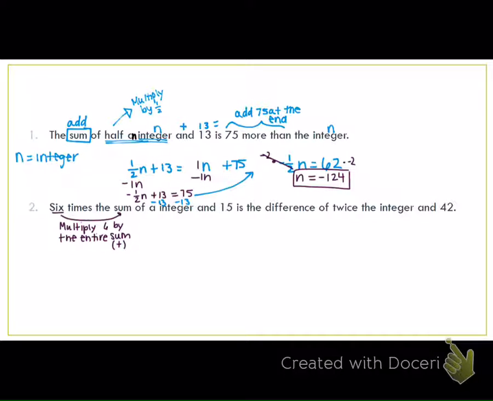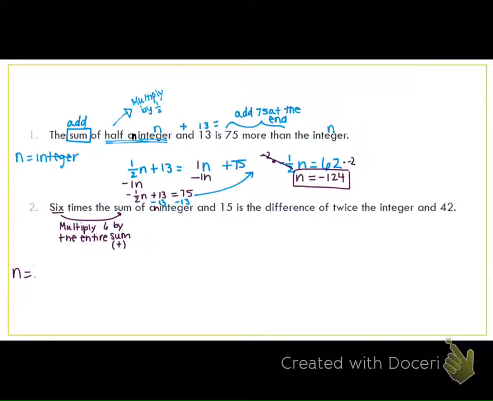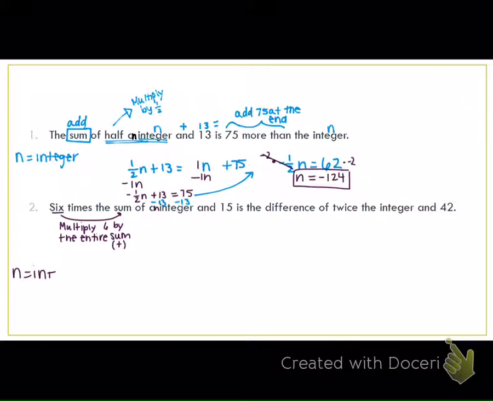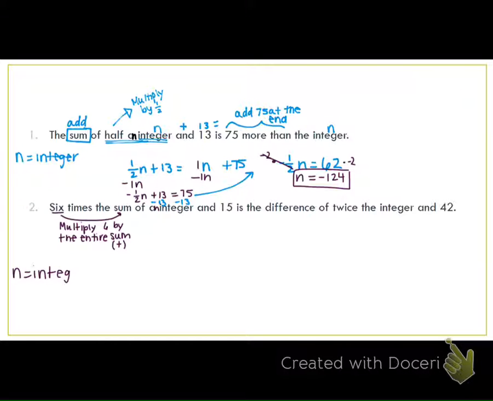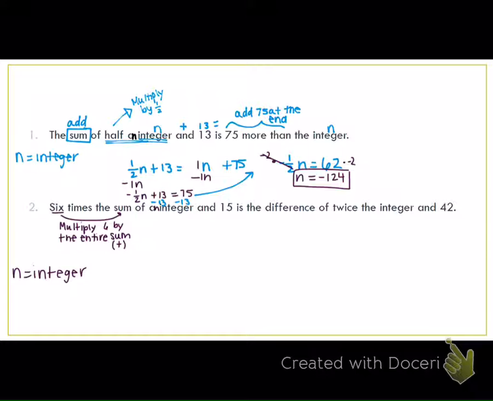So you're taking the sum of an integer. So I'm going to label my integer n. Now, if Maddie wanted to name the integer x, and Mackenzie wanted to name it p, it doesn't matter. Just tell me what your variables mean, okay? So an integer, so n and 15. So you're multiplying 6 times that whole entire thing. So that means those need to be in parentheses.